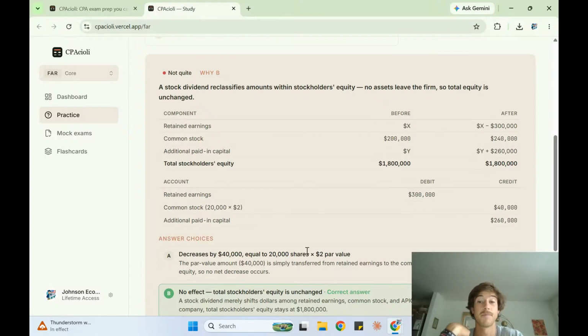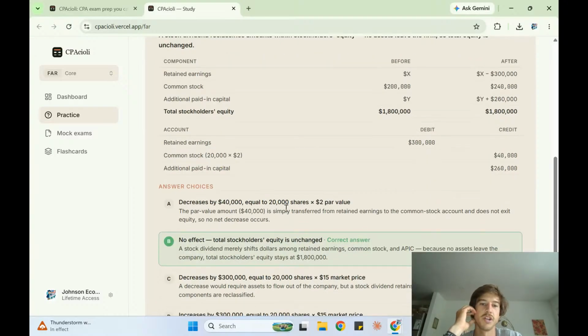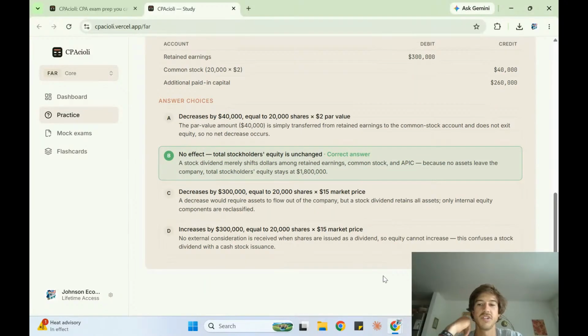Yeah, okay. And then nice journal entry here. Retained earnings, and then common stock and additional paid-in capital. Because no assets leave the company, total stockholders' equity stays the same. Cool.